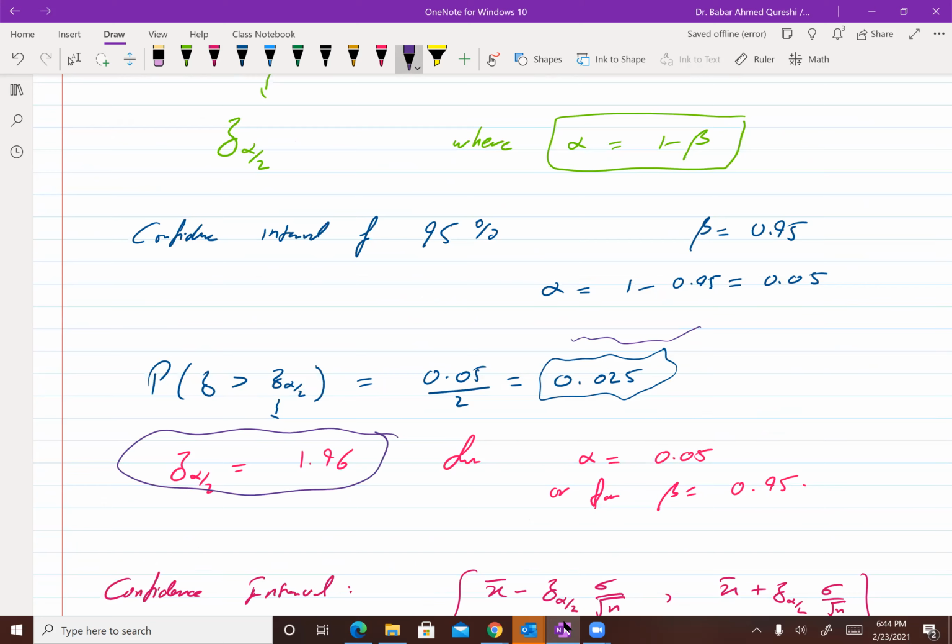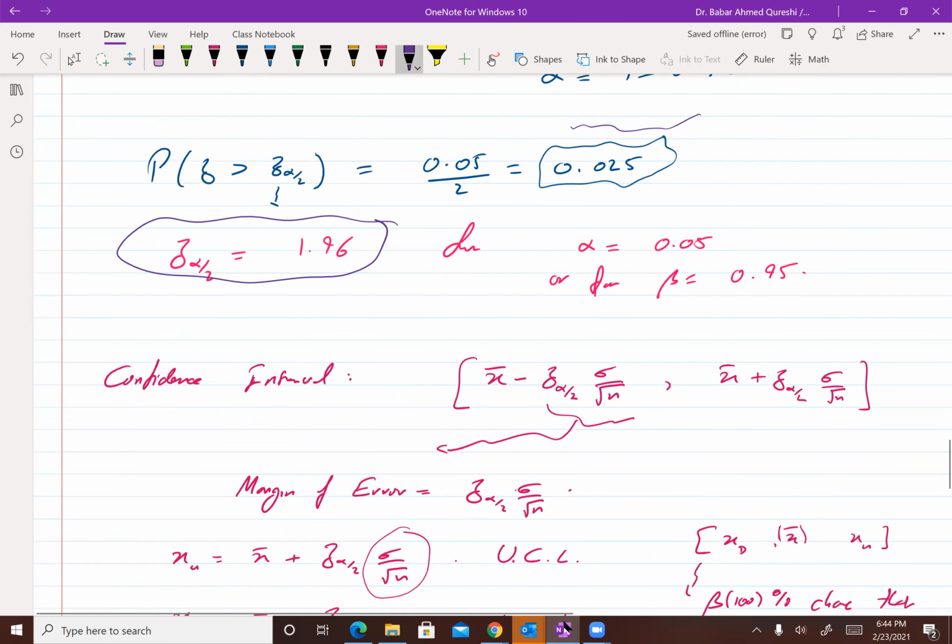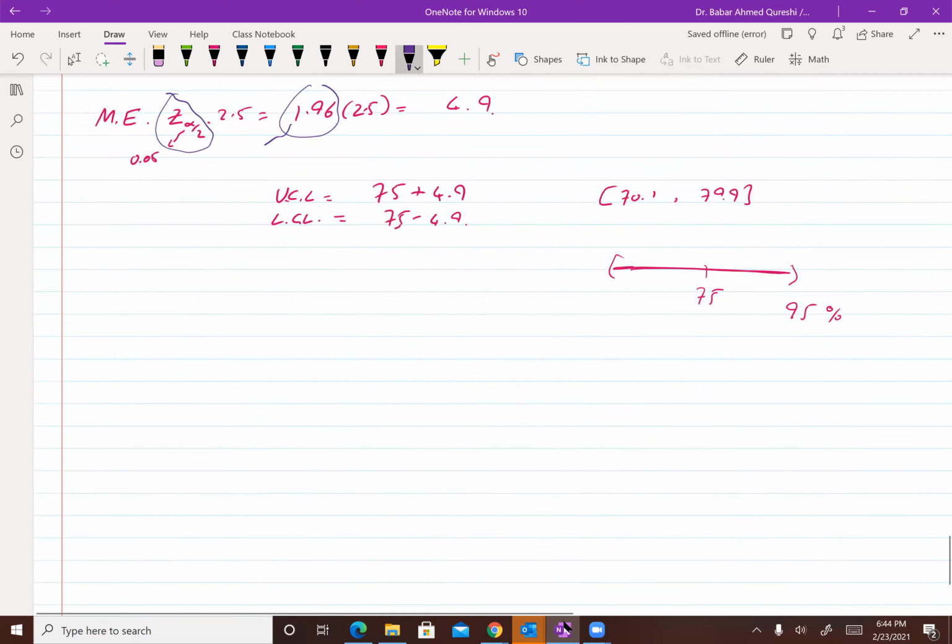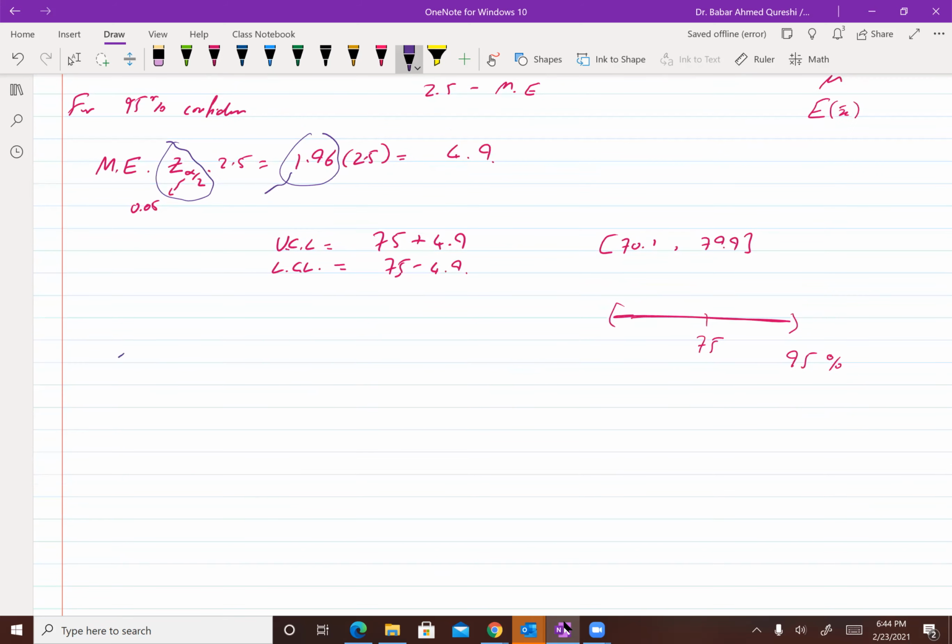So let me slightly change it, and let's say I want to make a 90%, just for clarity, 90% confidence interval. So how would I do it? My beta is now 0.9. My alpha is then 1 minus beta, 0.1.